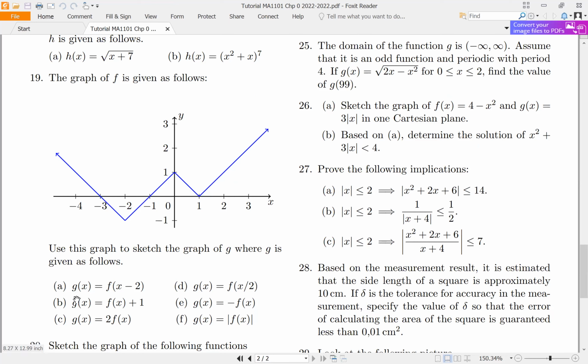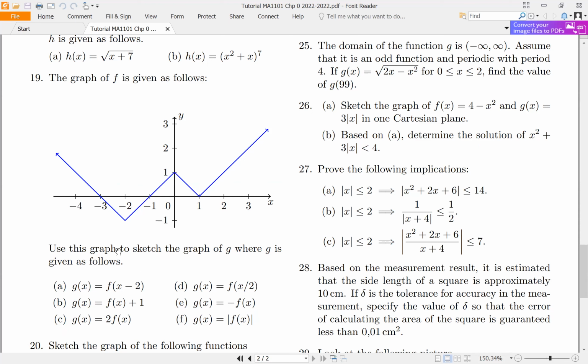Of course, if you replace minus by plus sign there, then you have to translate it to the left, to the negative x-axis.